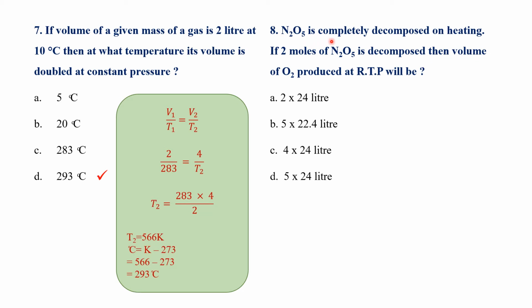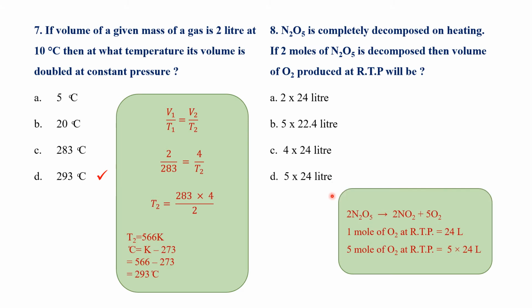Nitrogen pentoxide is completely decomposed on heating. If 2 moles of nitrogen pentoxide is decomposed, then volume of oxygen produced at RTP will be. There are many options given, so we will solve it. Remember, there is RTP, not STP.